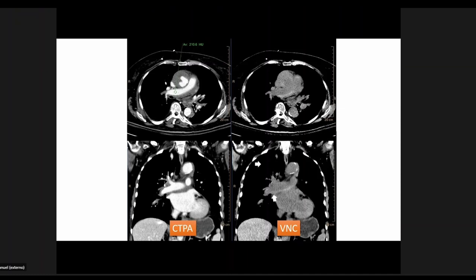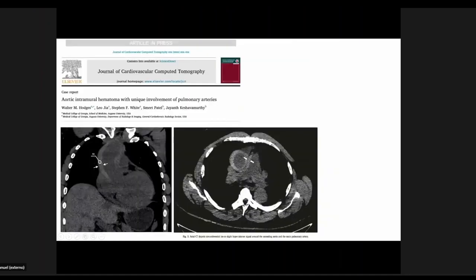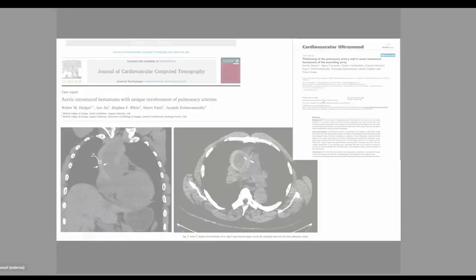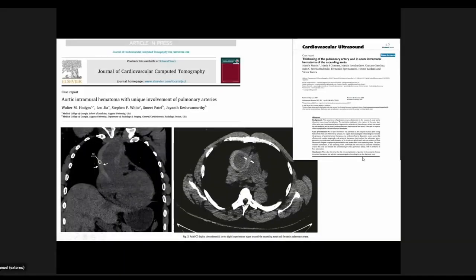You see here the summary of the findings between virtual non-contrast and the CTPA. And what is the explanation? It's in this paper from 2007. The authors explained that there is a common adventitial layer between the aorta and the pulmonary arteries.